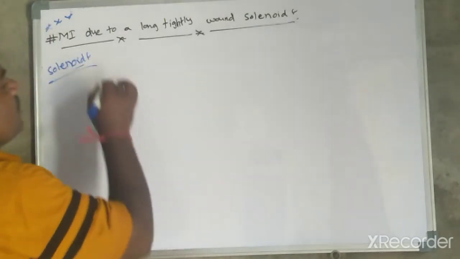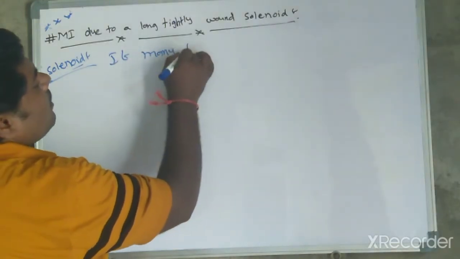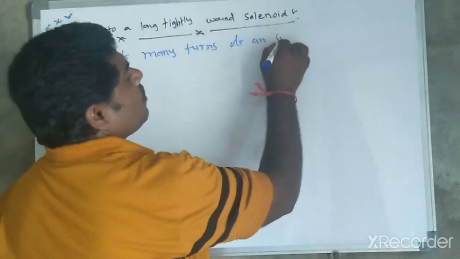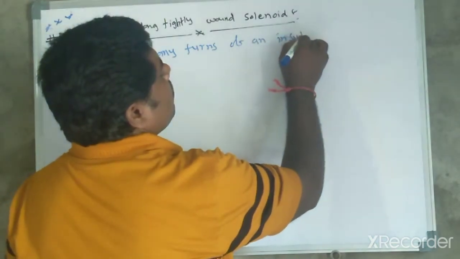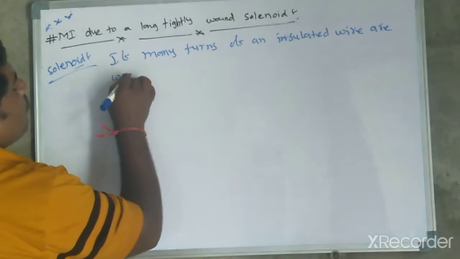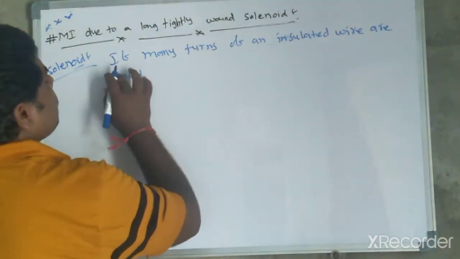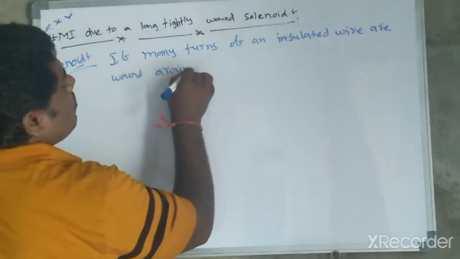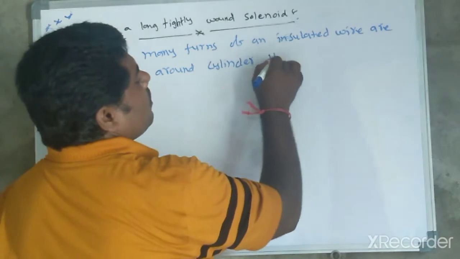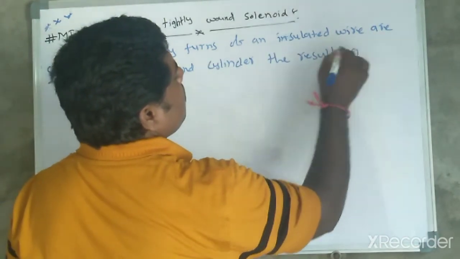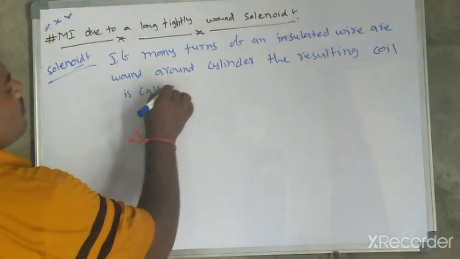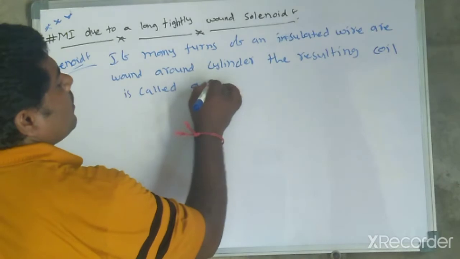A solenoid is nothing but this: if many turns of an insulated wire are wound around a cylinder, the resulting coil is called a solenoid.